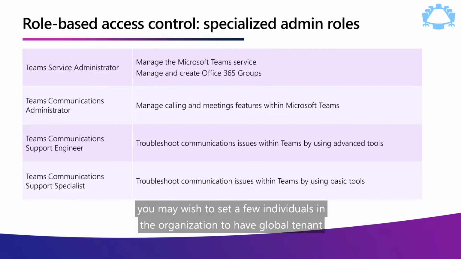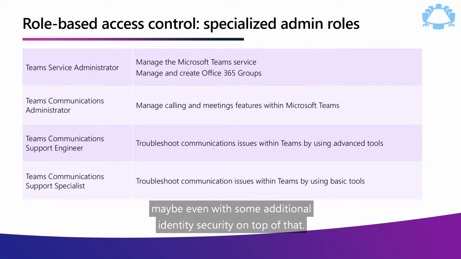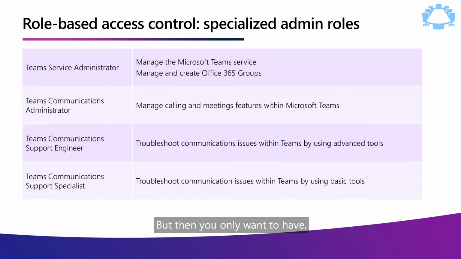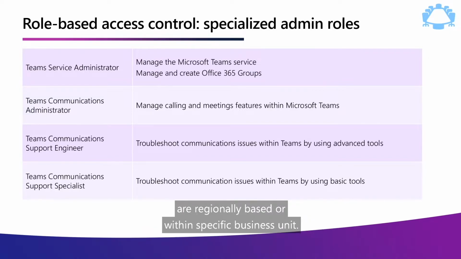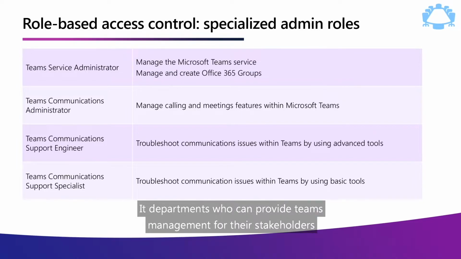So, for example, you may wish to set a few individuals in the organization to have global tenant admin permissions, maybe even with some additional identity security on top of that. But then you only want to have the Teams admin permissions assigned to a broader set of users who maybe are regionally based or within specific business unit IT departments who can provide Teams management for their stakeholders.